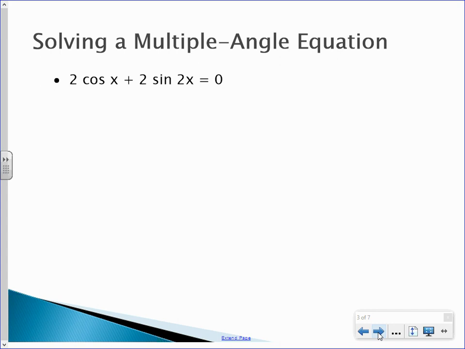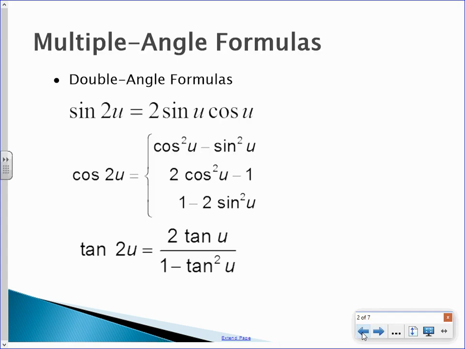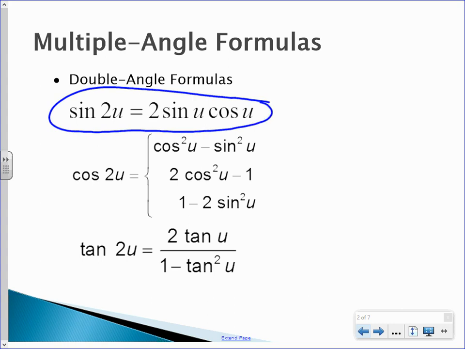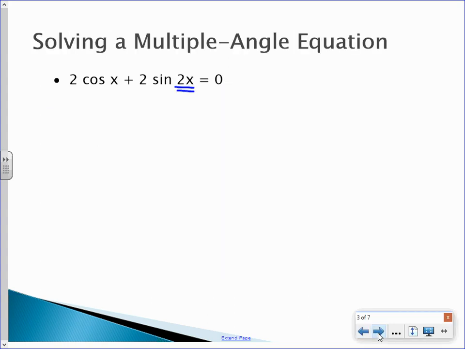Okay, do you notice how we have a double angle right there? Okay, that means we can apply the double angle formula. So the sine of, let's go back here, and this is written in your notebook. The sine of 2u is 2 sine u cosine u, which means the sine of 2x gets rewritten as 2 sine x cosine x. Okay?